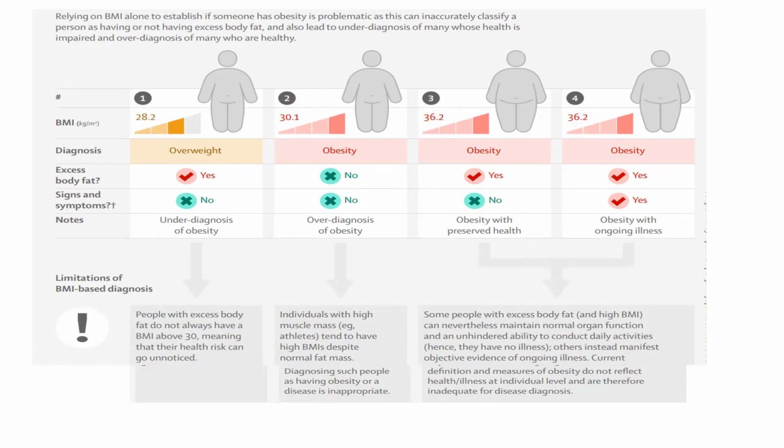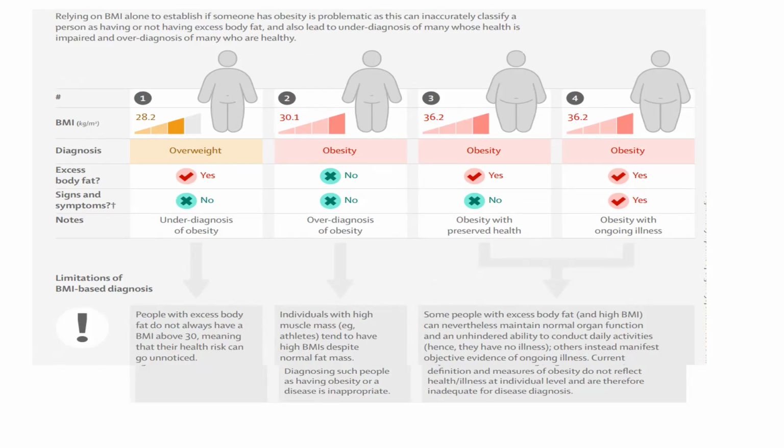On the other hand, if you have a patient with a high BMI of more than 30, labeled as obese, but he does not have excess body fat and he does not have any signs and symptoms related to obesity, still we diagnose the patient as obese because the BMI is more than 30. Now, this is overdiagnosis of obesity.